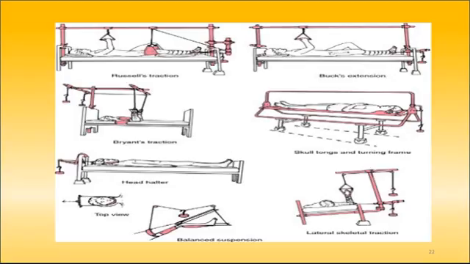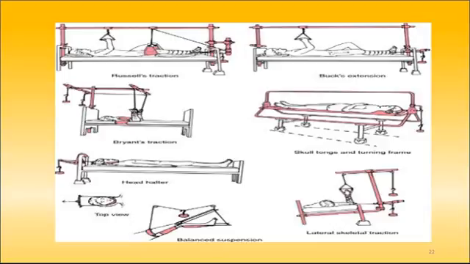And this is a picture that covers multiple different types of traction. Again, we've covered traction in the past. If it's skeletal traction, remember to do your pin care, keeping everything loose. I've got a couple of slides that really are helpful in helping you remember everything.